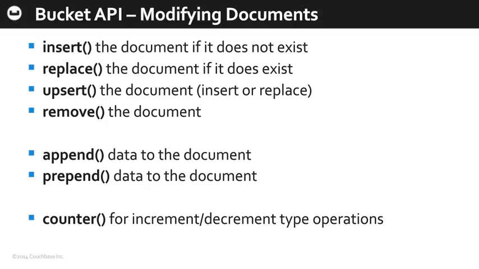Within the bucket API, for actually modifying documents, you've got insert, upsert, remove, append, prepend, and counter. One of the things we've added within the 4.0 version of the product is enhanced durability. We don't have a slide on this in this presentation, but there's some information on the website.